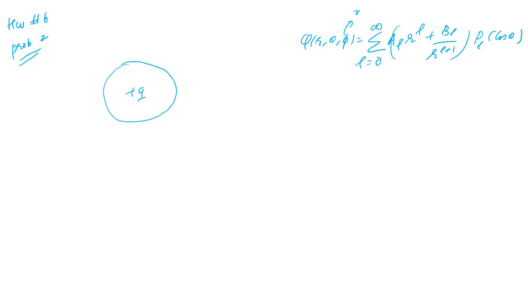We're setting M equal to 0 here because we have spherical symmetry. Obviously inside we have a charge, so we cannot directly apply the Laplace equation, del squared phi equal to 0. So we're going to consider the situation of just the sphere plus the charge.